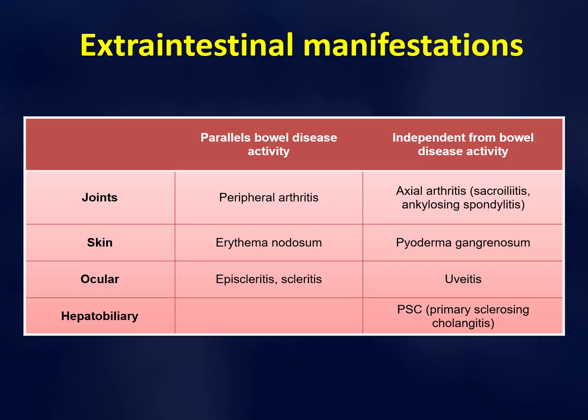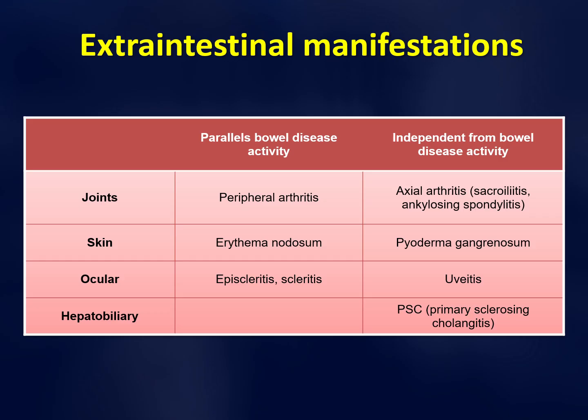Again, to summarize what I've already told you in terms of extraintestinal manifestations with IBD, there are extraintestinal manifestations that parallel the bowel disease activity. When it comes to joints, peripheral arthritis usually parallels the activity, whereas axial arthritis, sacroiliitis, and ankylosing spondylitis are independent from the bowel disease activity. In the skin, erythema nodosum always follows the bowel disease activity, whereas pyoderma gangrenosum, which is an ulcerating chronic condition in the lower legs, does not parallel the activity.